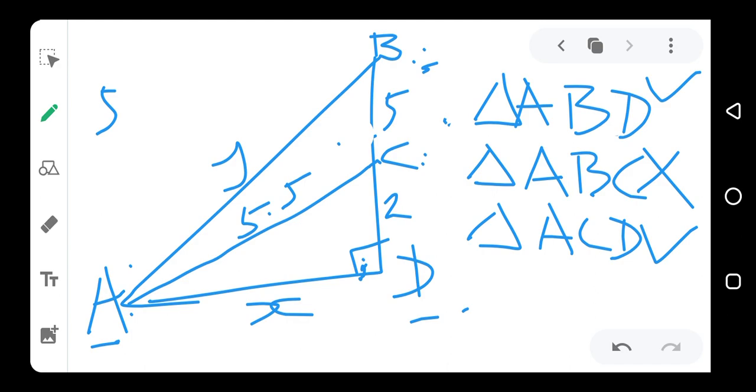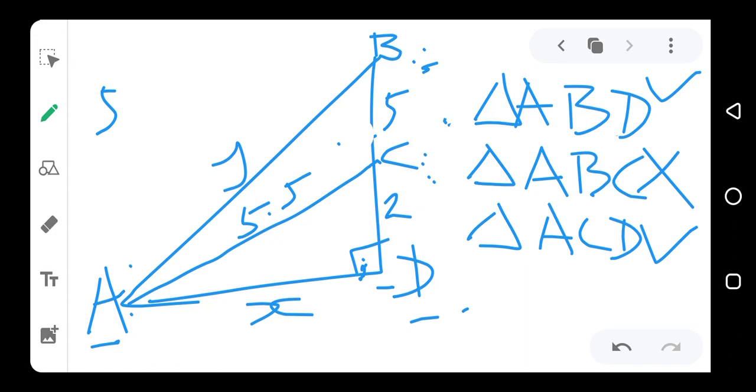We know side BD. Side BD is equal to 2 plus 5. From B to C is 5, and from C to D is 2, so the total from B to D is 7. Now, AD is x, we don't know it, and AB is y, we don't know it, so we cannot start with that one.